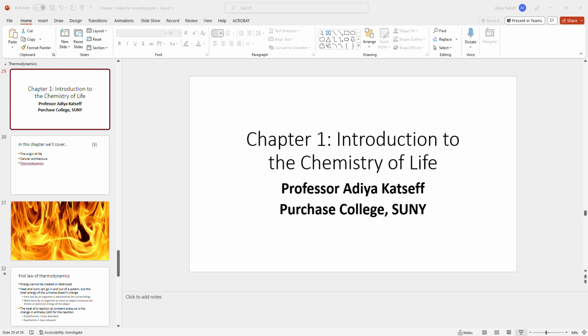So this is the Gibbs-Helmholtz equation, where delta G refers to the Gibbs free energy change, delta H, as we discussed, refers to the change in enthalpy, T is the temperature in Kelvin, and delta S is the change in entropy, as we discussed. So we know a reaction is spontaneous if delta G is negative.